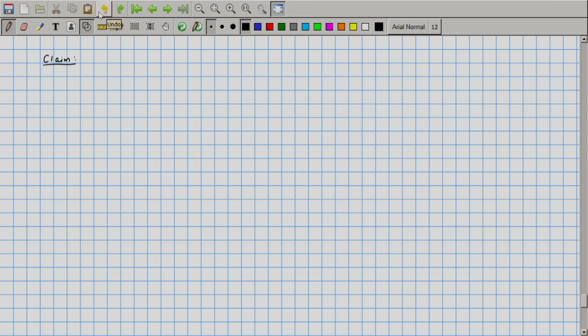Okay, so we will prove the following statement. So, A equals, let us say, alpha to the power k mod n is a quadratic residue if and only if k is even.